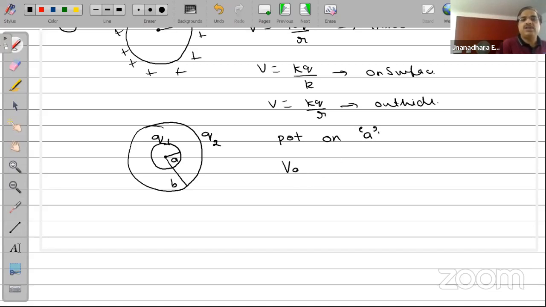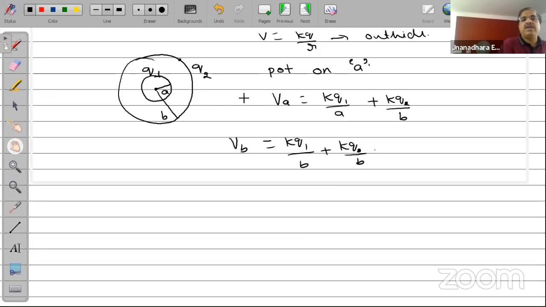The potential on A can be shown as KQ1 by A plus KQ2 by B. Similarly, potential at this point B here can also be written as KQ1 by B plus KQ2 by B. Okay, this is the expression for VA and VB.